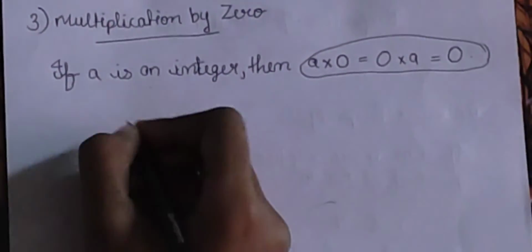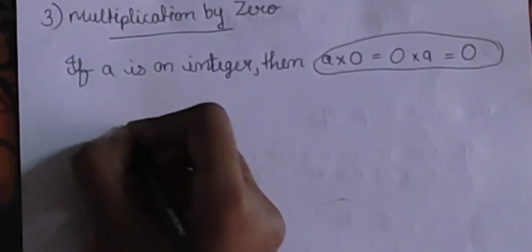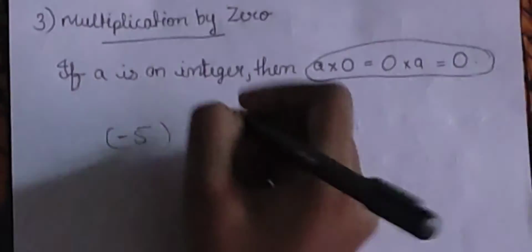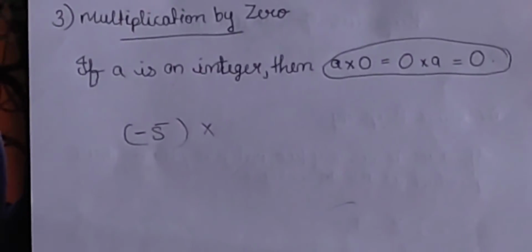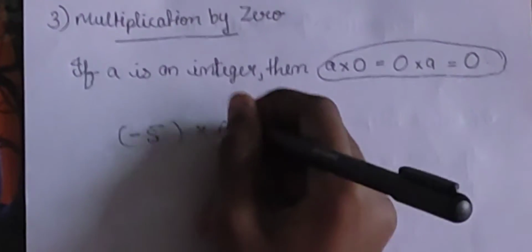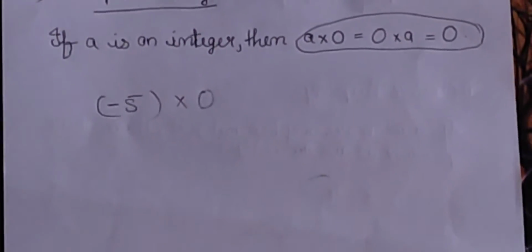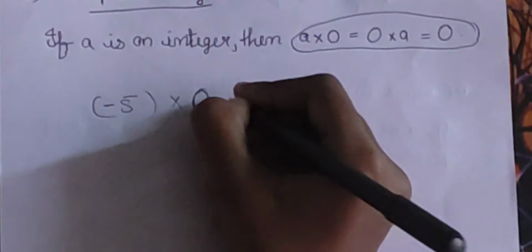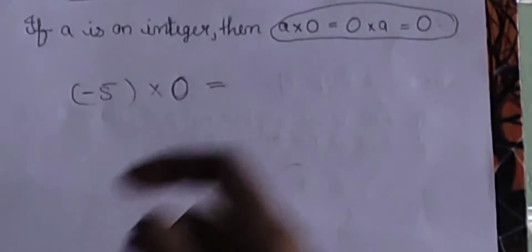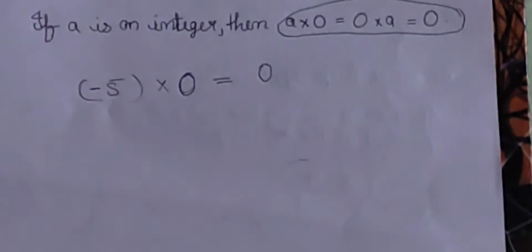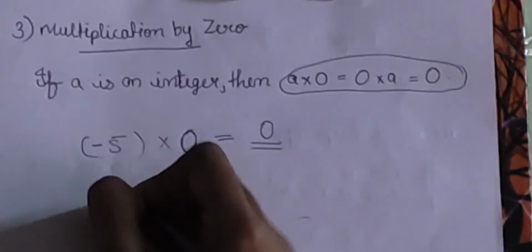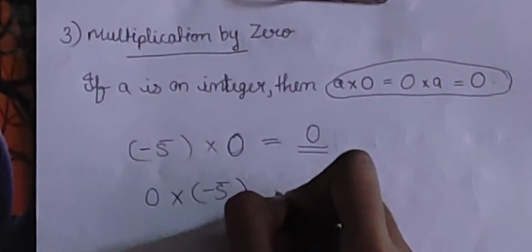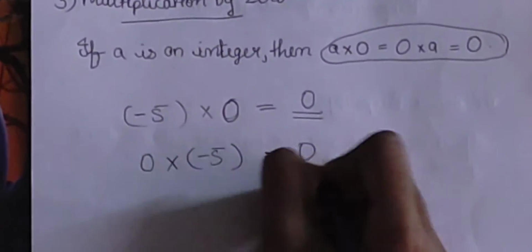For example, negative 5 into 0 is equal to 0. 0 into negative 5 is equal to 0.